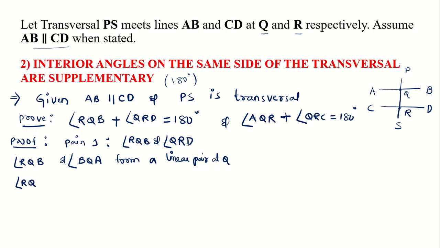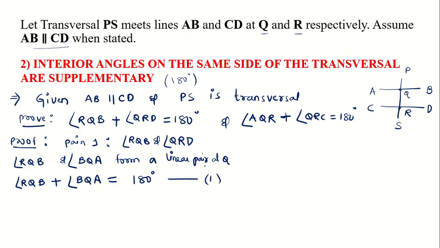Now from the linear pair of angles theorem, the sum of angles is how much? Angle RQB plus angle BQA is equal to 180 degrees. Let us take this as your equation 1.